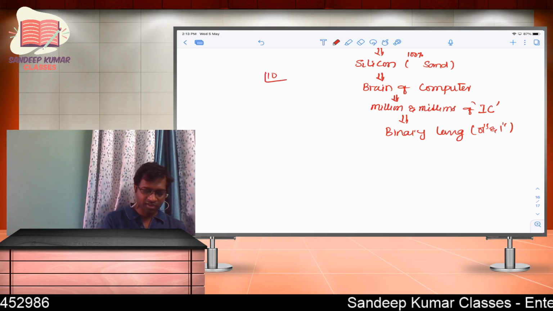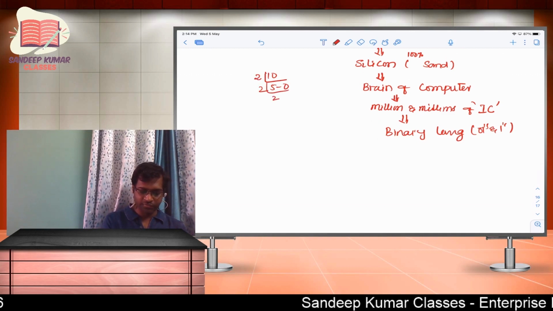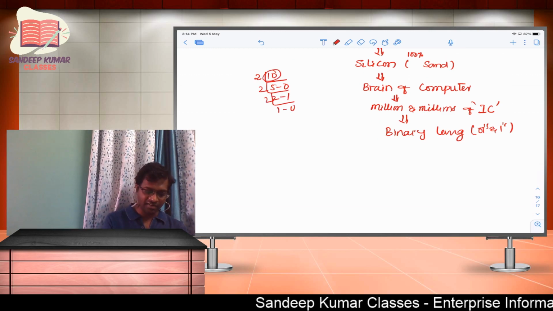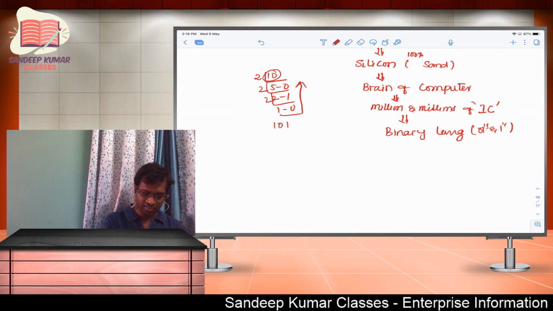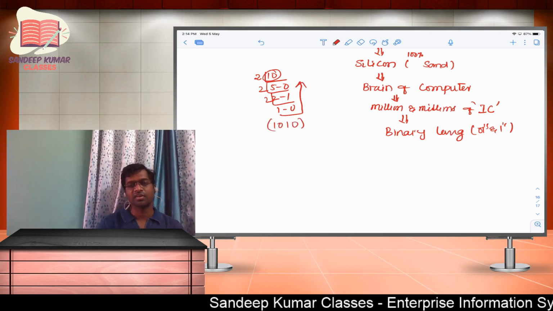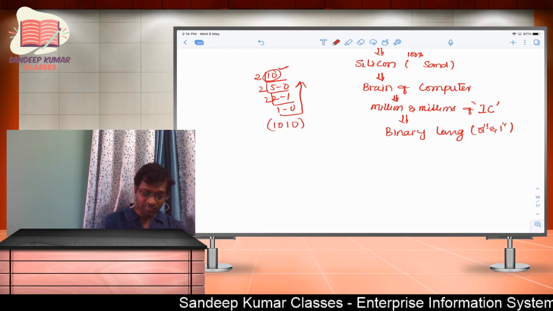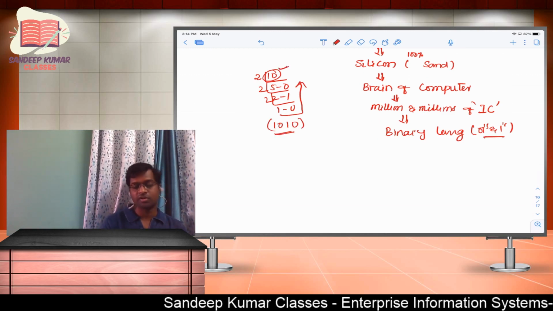We divide by 2: 5 remainder 0, again by 2: 2 remainder 1, again by 2: 1 remainder 0, then 1. So the binary for 10 is 1 0 1 0. A computer cannot understand 10; it can understand only a combination of ones and zeros.